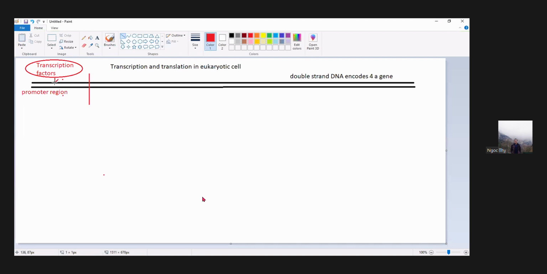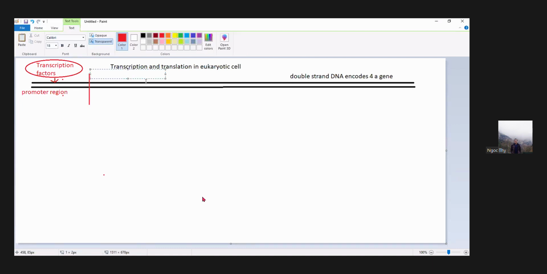But it will not start to synthesize the mRNA from this position. It starts here, at position +1. This is position +1, which stands for TSS.